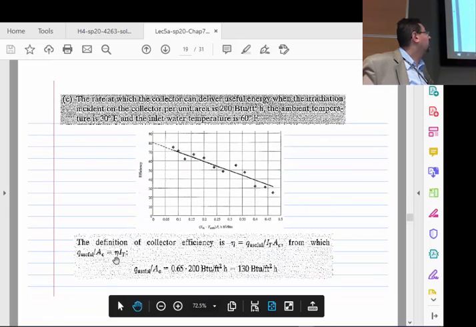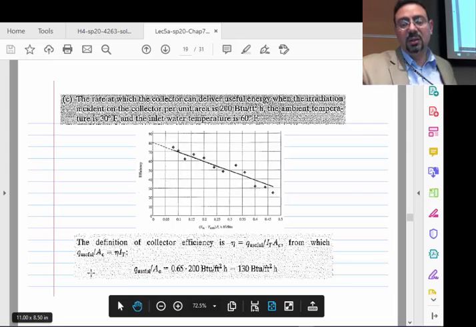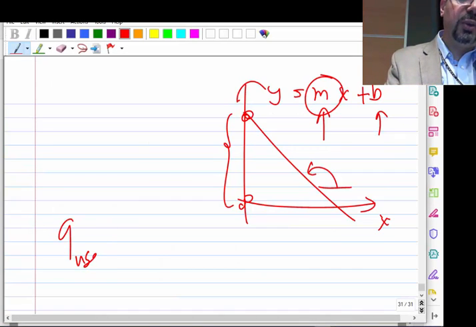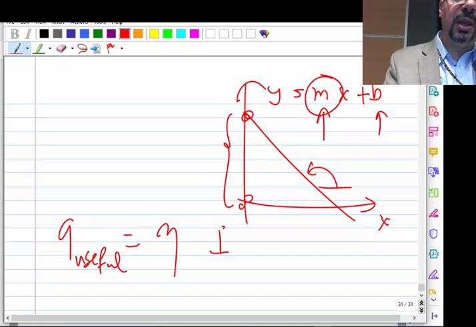Alright? And so he tells himself now this 0.65, if you multiply by the incident radiation times the area of the collector, you will be able to calculate Q useful. Okay, if this is not clear, what I'm saying is Q useful is the efficiency multiplied by I, the incident radiation, times the area of the collector.